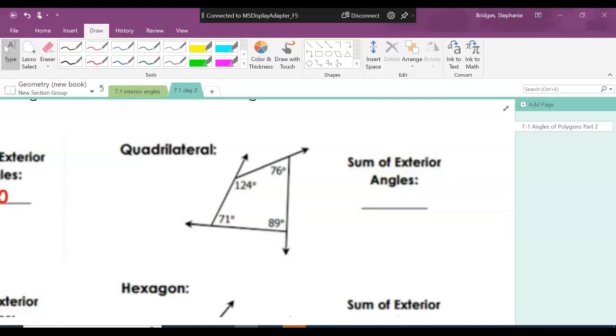Again, we're finding each exterior angle, and then we're going to add them all together to get the sum of them and see what happens for each shape. When we add a number of sides, what happens there?